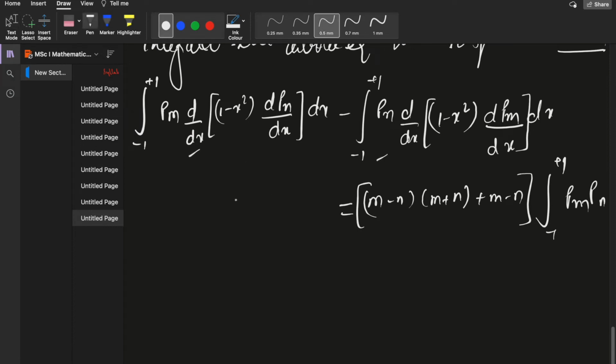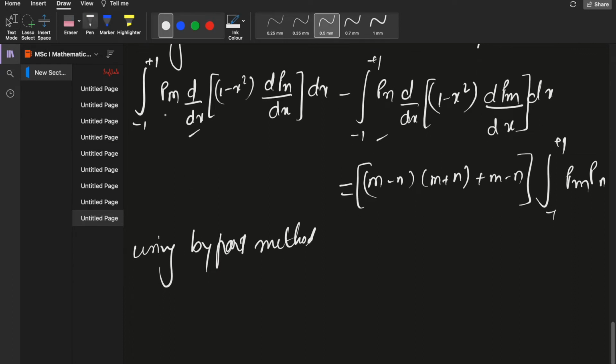Alright, so integrate these terms by parts. Using the by parts method, the first term will give me, treat this as the first function and this as the second function. So P_m will be as it is, constant.